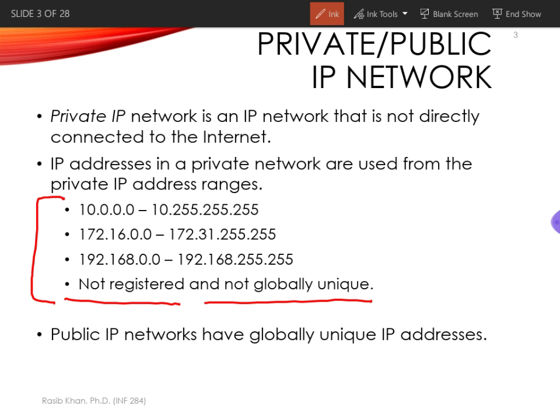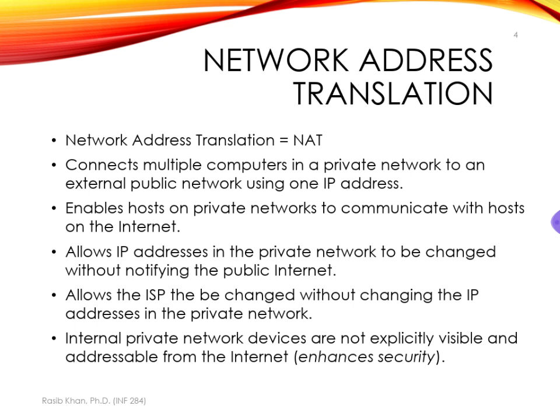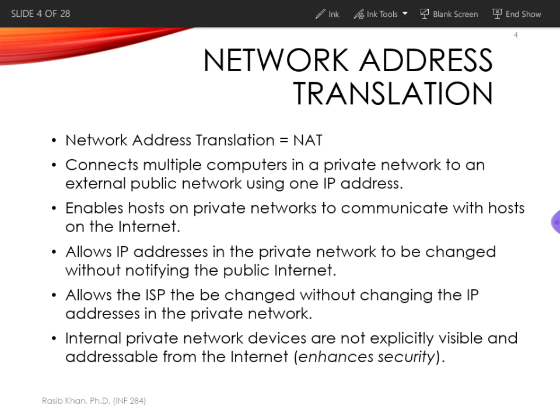And on the other hand, public IP networks are globally unique IP addresses which are expected to be accessible from the internet. So from that perspective, let's try to understand what network address translation, or the NAT, does for us.